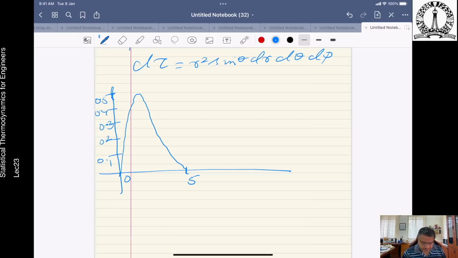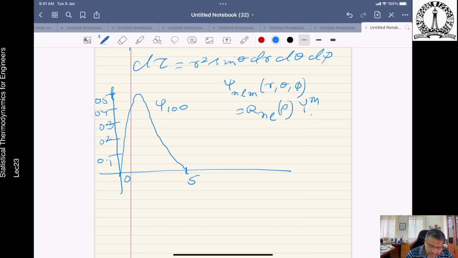So we see, so this is chi 100. On the other hand, just to reiterate, chi NLM, r theta phi, is actually written as R_NL of rho multiplied by Y_ML of theta comma phi.